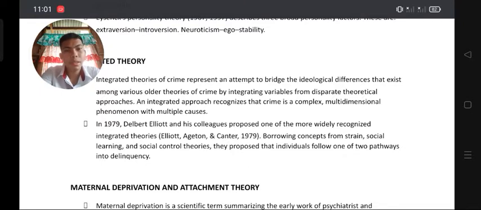In 1979, Delbert Elliott and his colleagues proposed one of the most widely recognized integrated theories, Elliott, Ageton, and Canter, 1979. Borrowing concepts from strain, social learning, and social control theories, they proposed that individuals follow one of two pathways into delinquency.